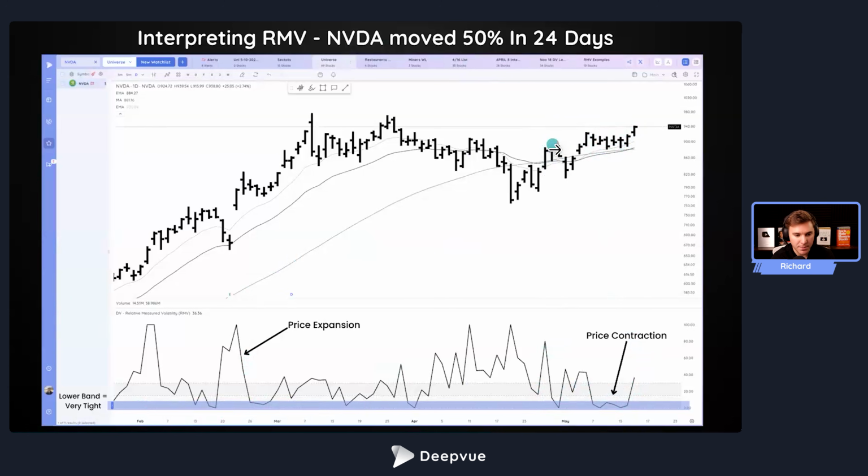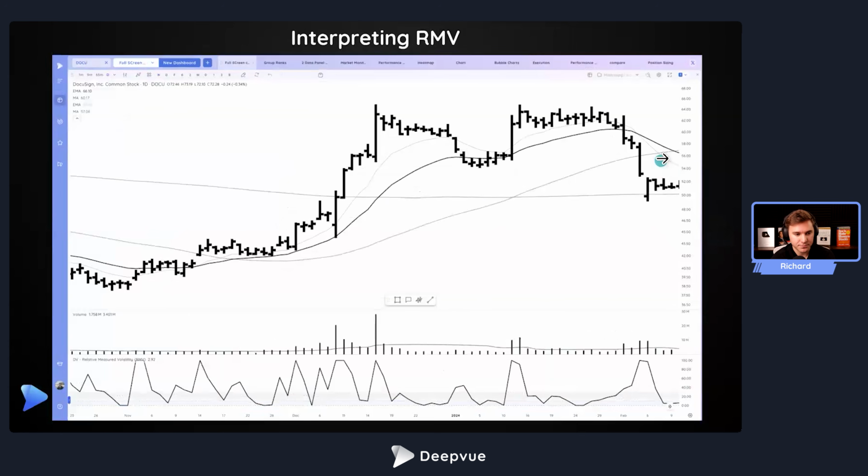In this area, you might say, hey, price doesn't look too tight, but look at this 3-day range. All the closes are close together, and that's what we're identifying with RMV. Here again, all the closes are close together. RMV goes to 0. Here again, it goes tight, and RMV goes close to 0. So it's identifying that subtle contraction that most people do not see, or can't see that easily, unless they really train their eyes over many, many years.